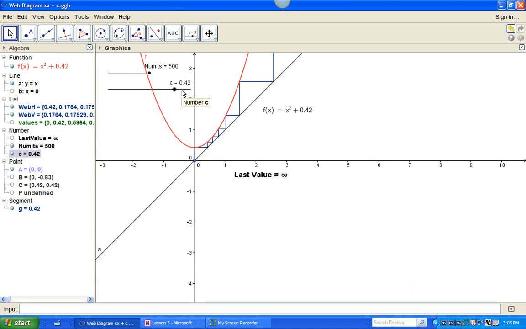All right, this is lesson 5 in chaos, fractals and dynamics, based on the little book by Dr. Robert L. Devaney.